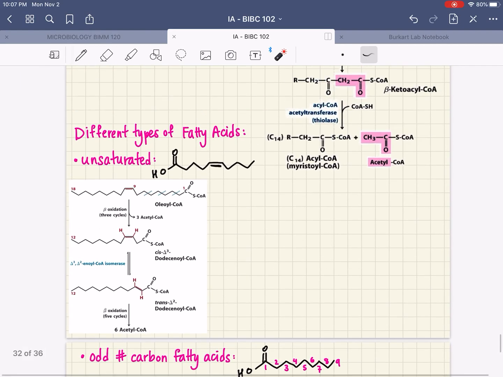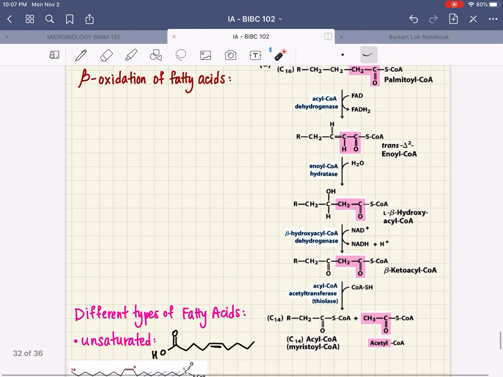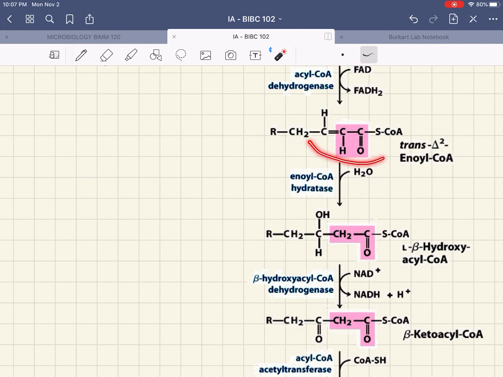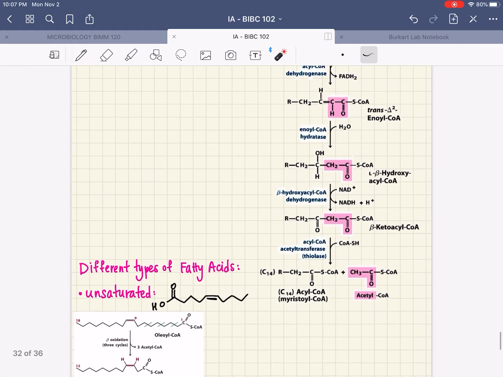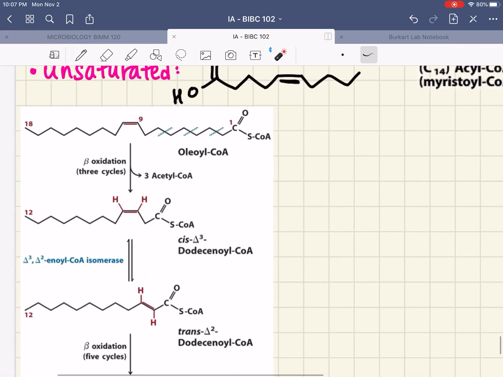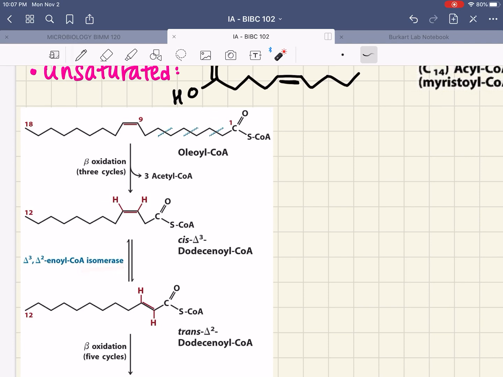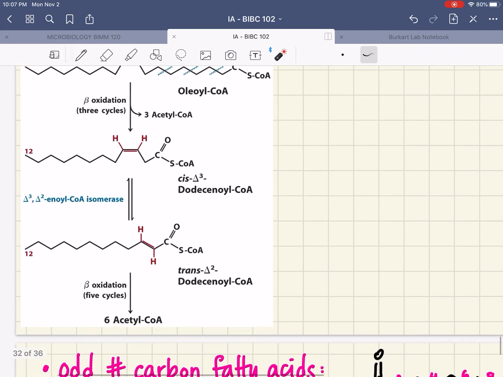Let me zoom out to show you exactly where. Right here, you see how we have that trans unsaturation. So when the enzyme propionyl-CoA isomerase turns the cis unsaturation into trans, then this molecule can now easily go into beta oxidation and get broken down to acetyl-CoA molecules.